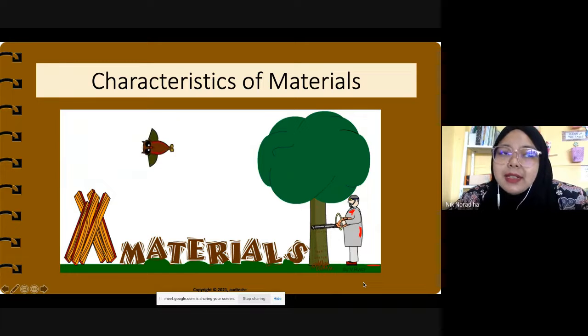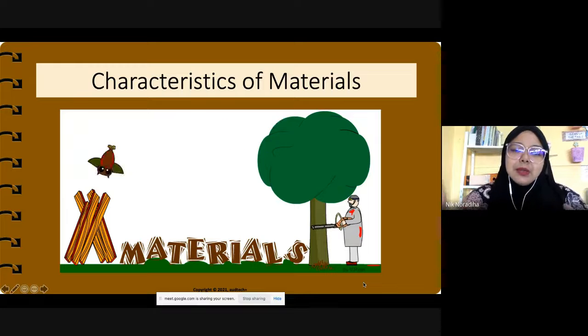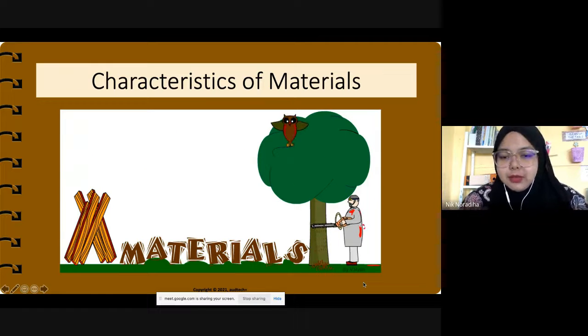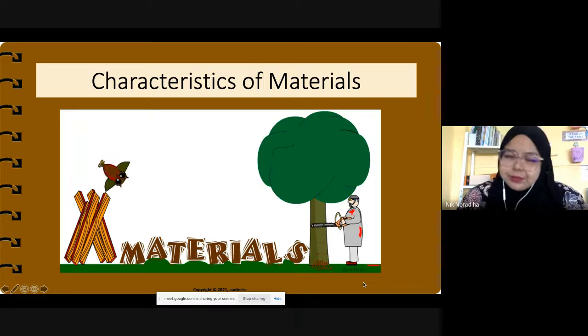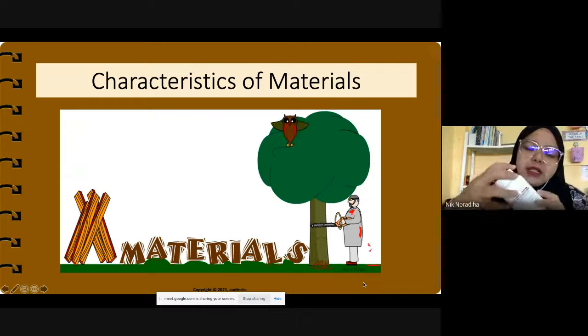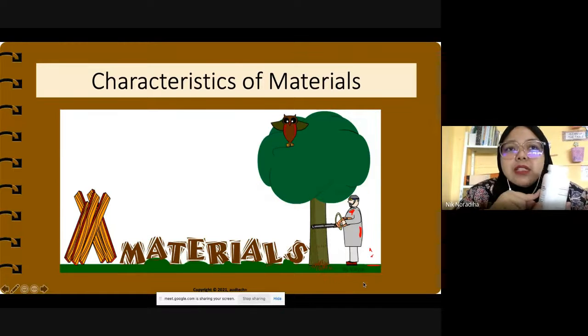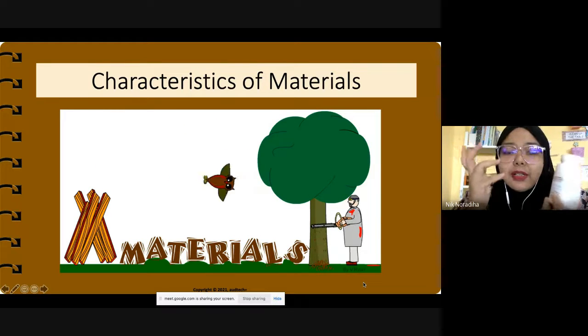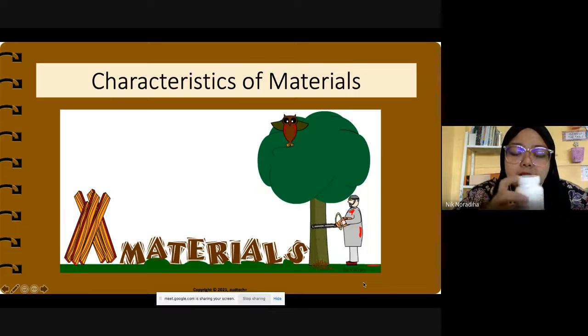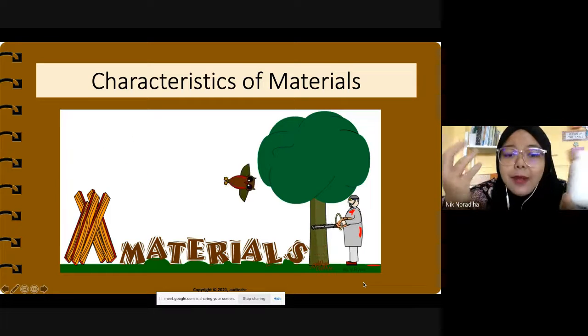Okay. So characteristic and also properties is basically describing about the materials. For example, if teacher show you this, the bottle of my vitamin C, and teacher asks you about the properties or the characteristic of this bottle, you can say that it's made up from plastic.